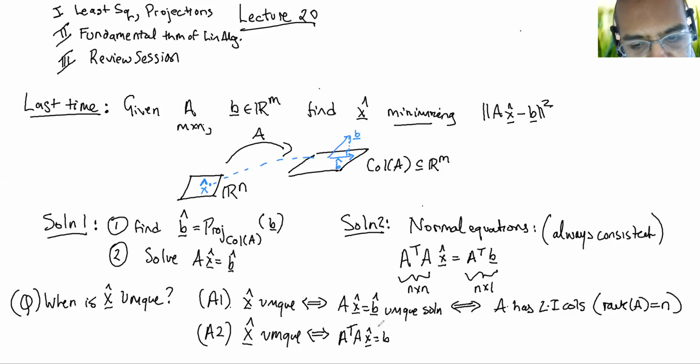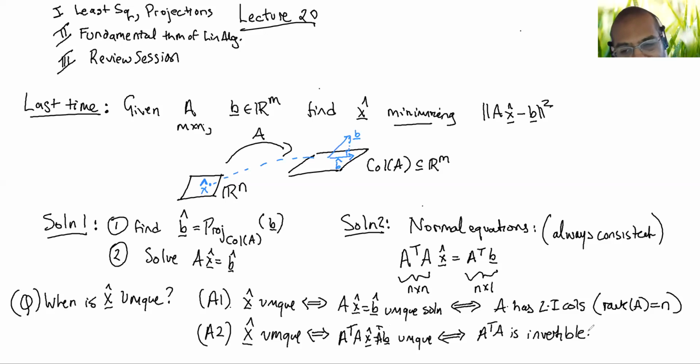And now that's a different linear system. And well, that has a unique solution when A transpose A is invertible, right? A transpose A is a square matrix. So it's true if and only if A transpose A is invertible.